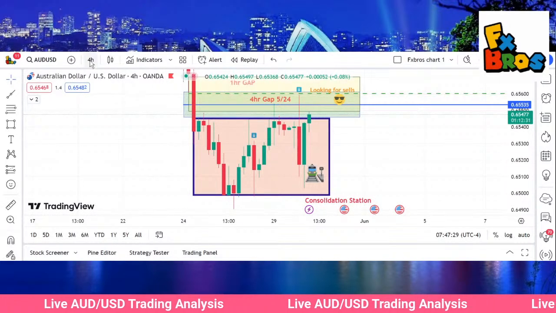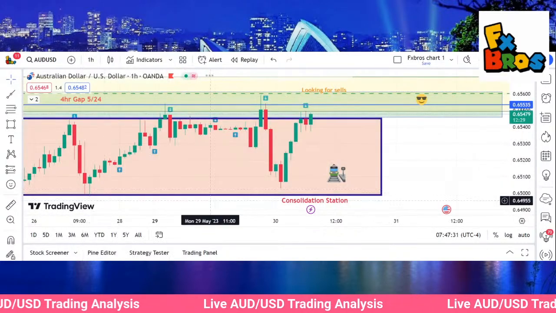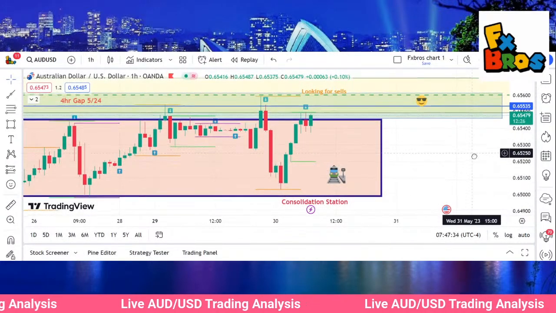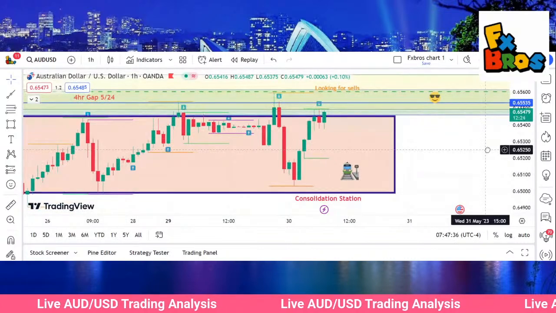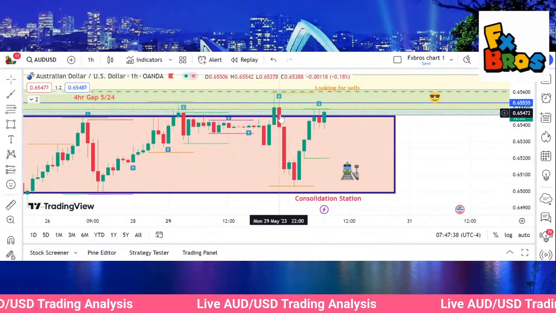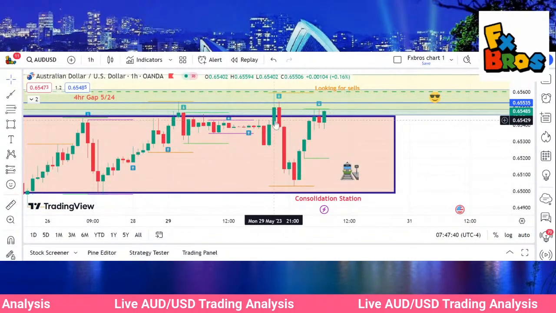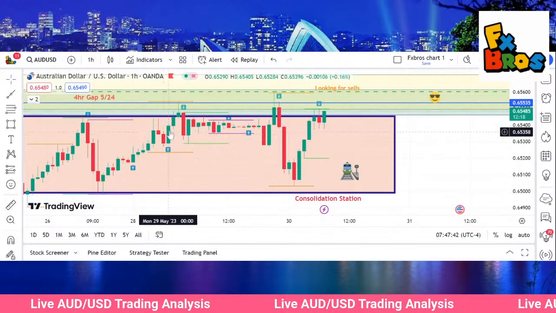And just like I explained on the 1 hour, we got an engulfing candle right here that only engulfed 1 hour.